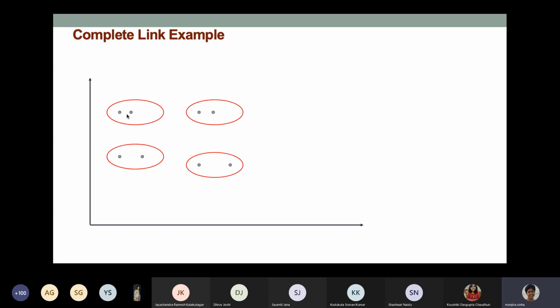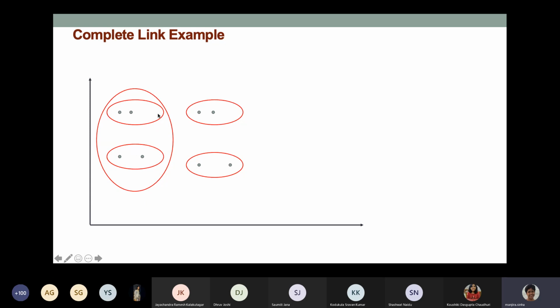Now what happened in the next step? If you recall, in single link clustering the clusters were formed horizontally, and in this case they are formed vertically, if we see the representation.